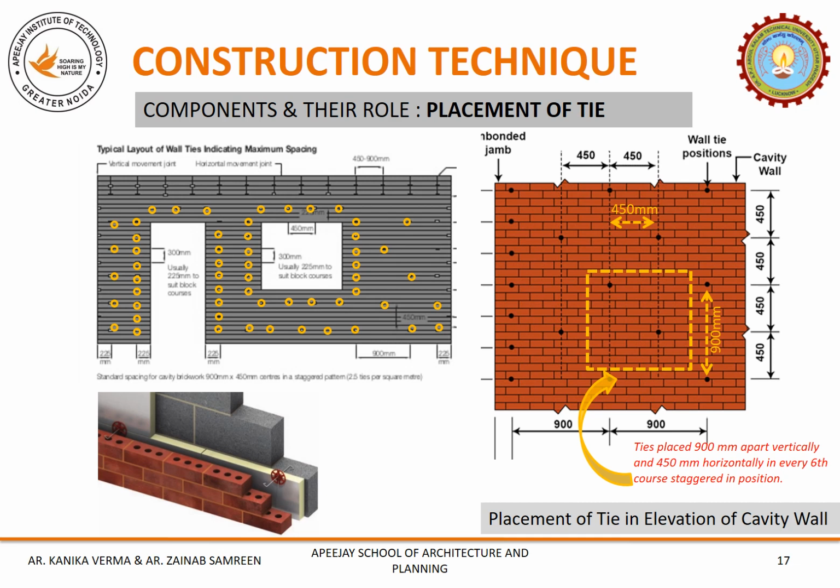Generally, wall ties are placed at every sixth course and staggered for better connection, so that there are at least two ties for a wall area of about 1 square meter. However, whenever there are punctuations like windows, doors, ventilators, more ties are recommended for better connection.